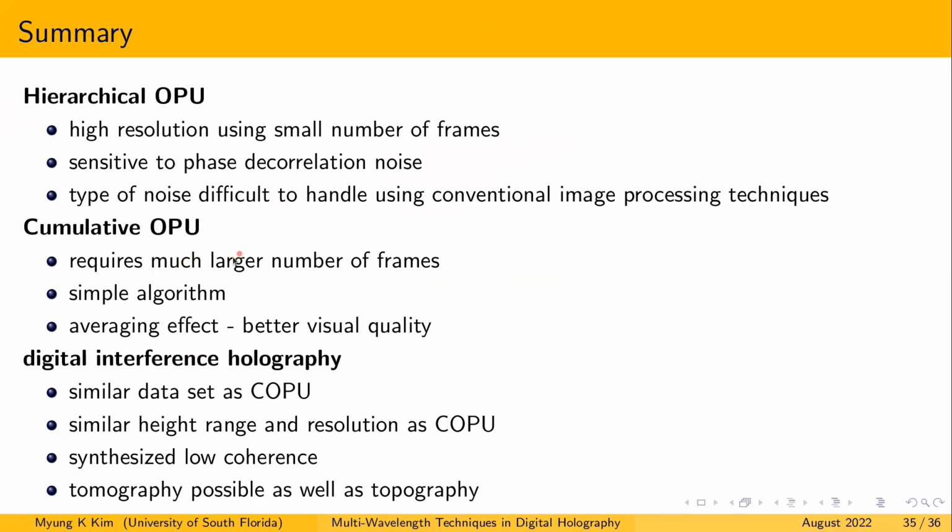COPU requires much larger number of holograms than HOPU, but the algorithm is simple and straightforward and can have better visual quality because of averaging effect. Similar data set as COPU can be used for DIH, which can have distinct advantages and applications.